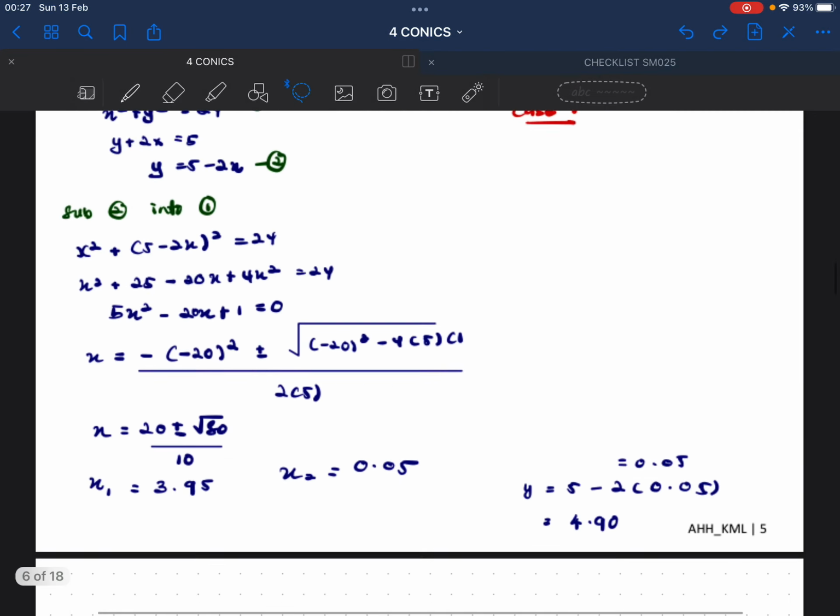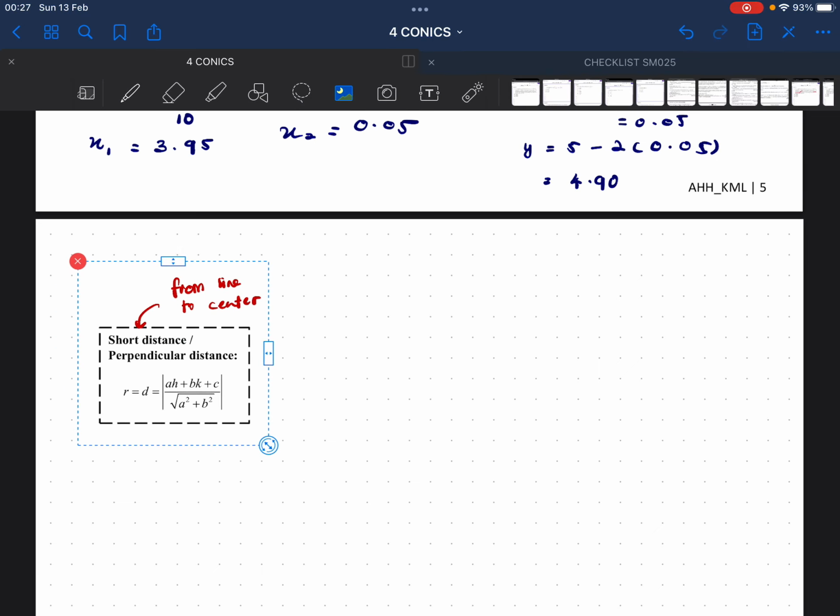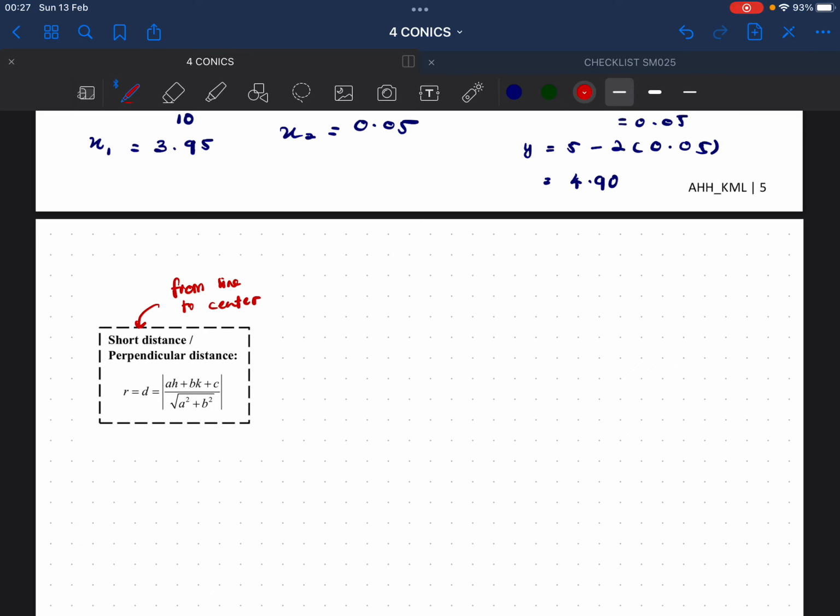Let's put that here. We have the shortest distance. As I said before, we have two cases. In the first case, the question asks for the shortest distance between a line and the center.